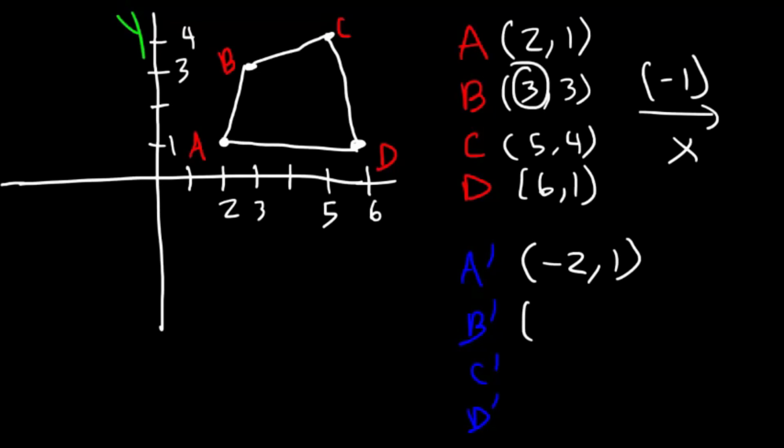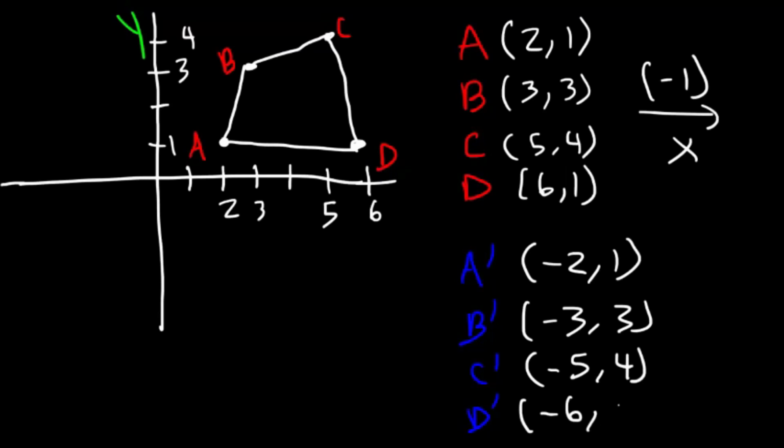So this is going to become -3. And then instead of 5, 4, it's going to be -5, +4. And D is going to change from 6, 1 to -6, +1. So A is now located at -2, 1, which is here.